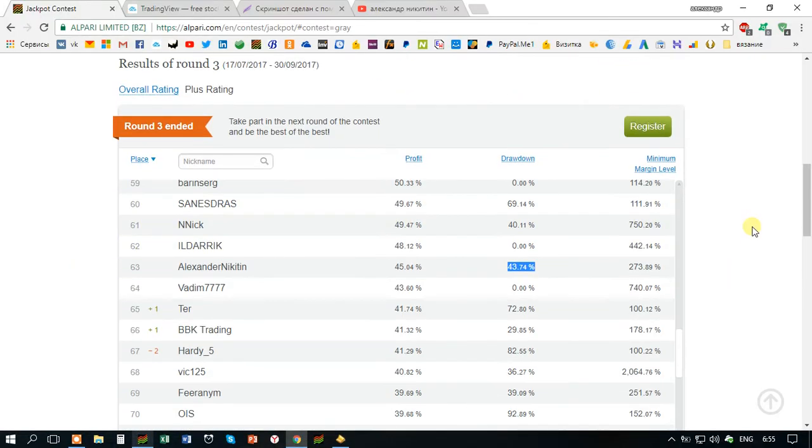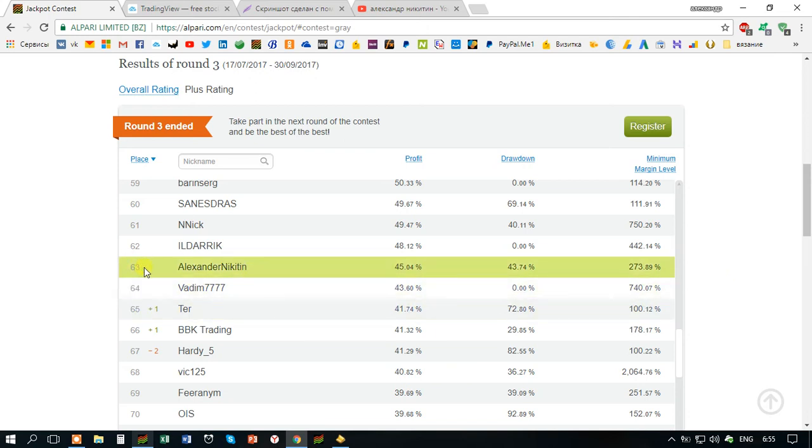I had a fixed position size, and the amount of that fixed position size was a bit large. That's why I had that large drawdown, as you saw on my equity curve. And of course I was using a lot of my margin, so my margin level is that small, and this is the reason I failed here.